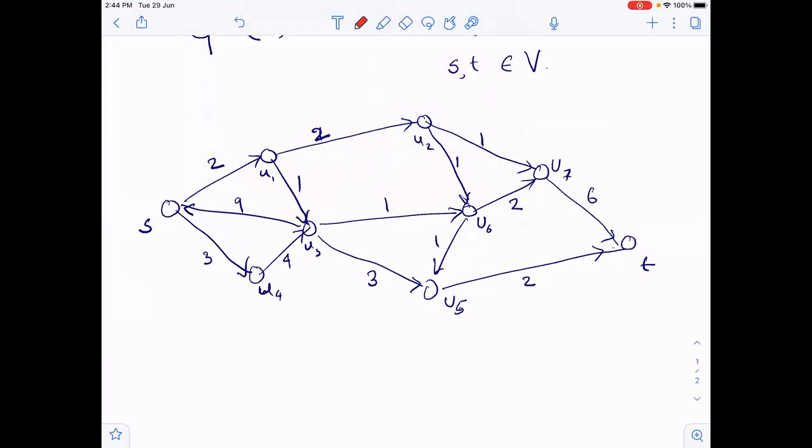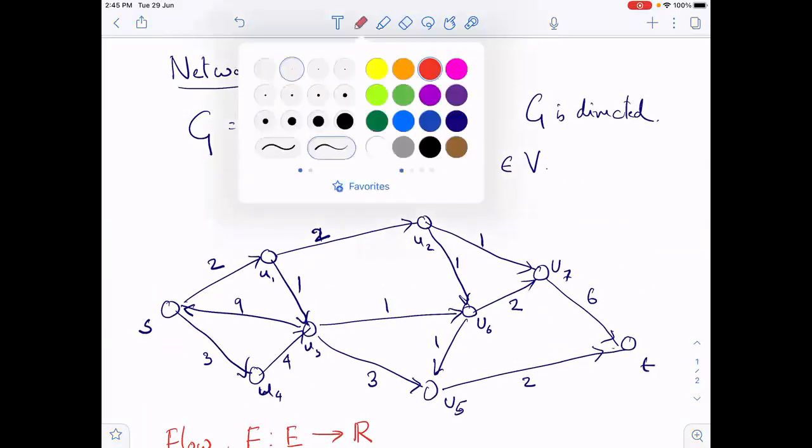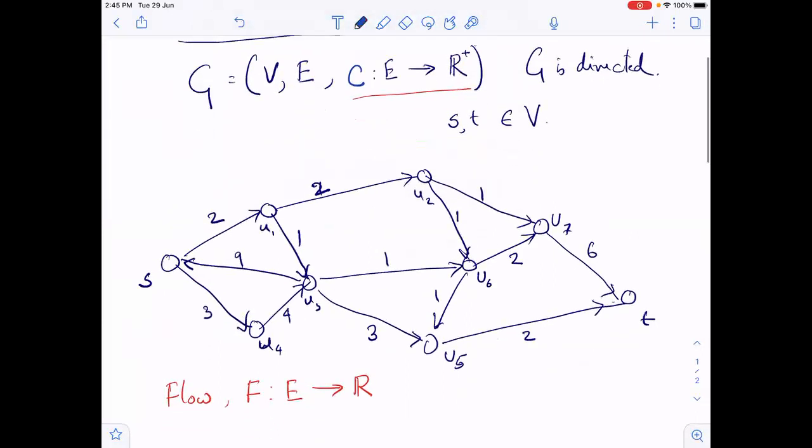So what is a flow? A flow F is an assignment of the amount of the element flowing on each edge. We have this capacity, or the weights. Maybe I can call this one capacity, that would be easier for me to write. So let's call this C. All the blue colored numbers here are the capacities.